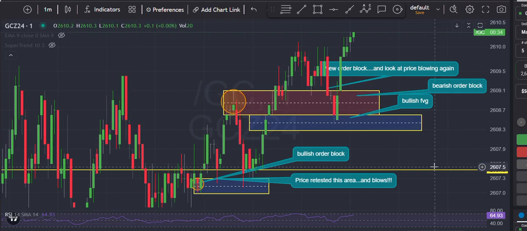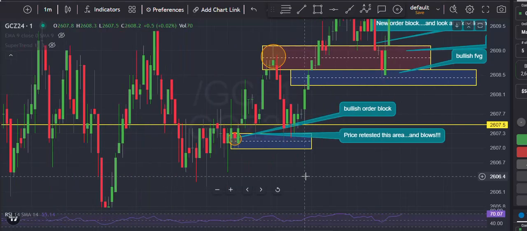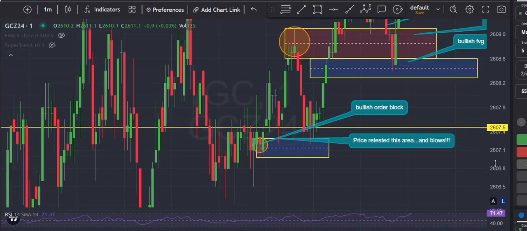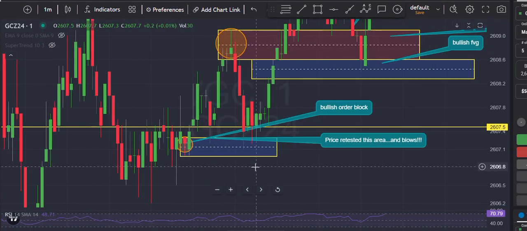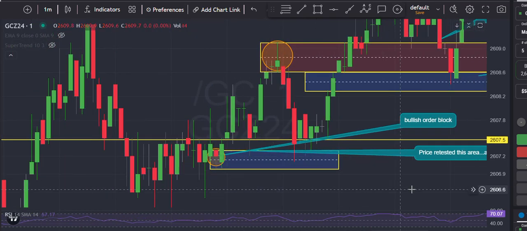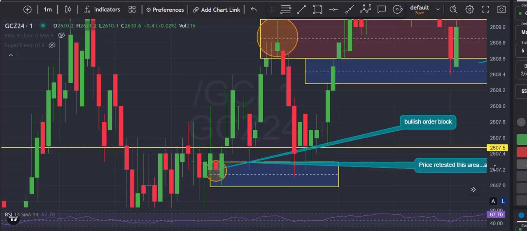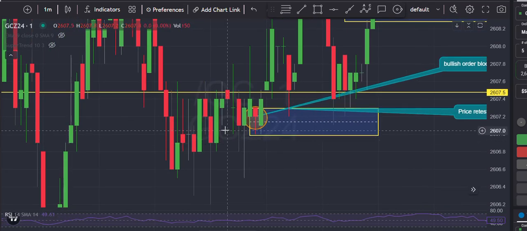Okay, so order blocks. An order block is the previous candle before a candle's move into the opposite direction. So for right here, we see that gold created this order block right here, this bearish candle right here.